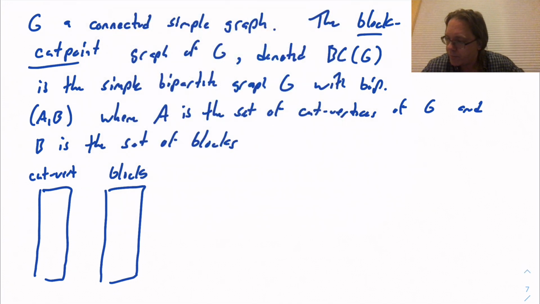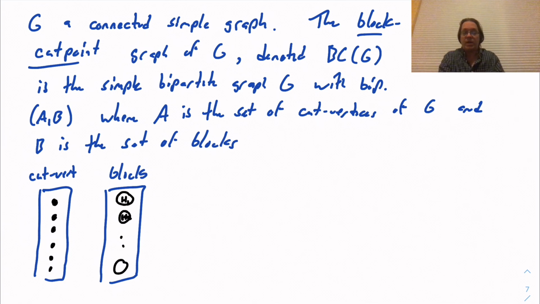I don't know how best to draw this. So, the block cut point graph, a vertex over here, maybe I'll just draw big vertices here. This might be like H1, and this is H2, and so on. But these are just vertices of the block cut point graph.